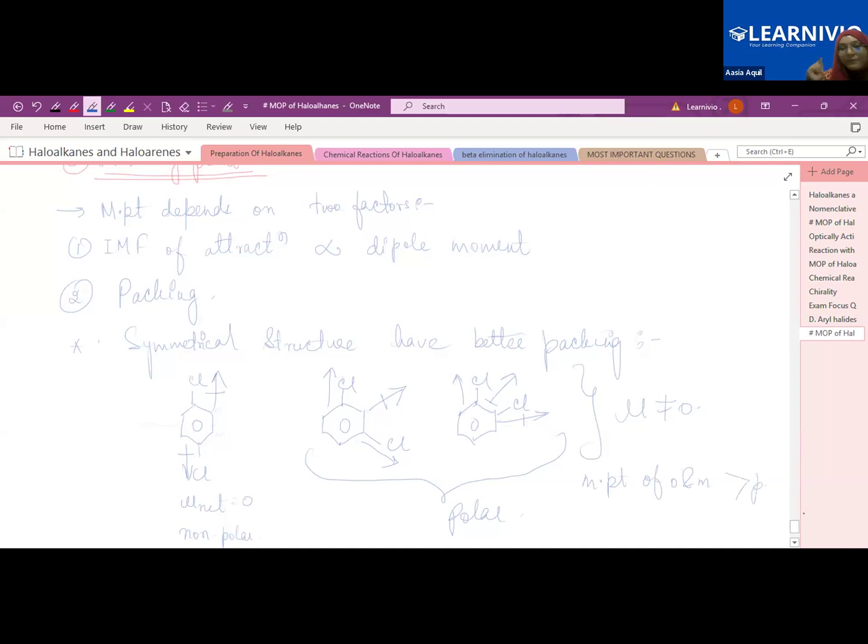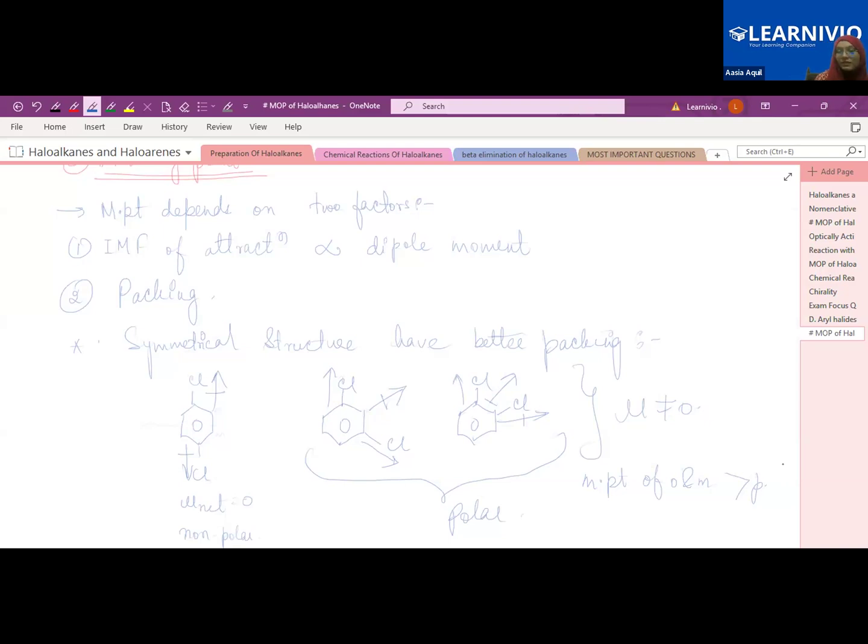Clear? Sometimes questions will come like this: why in ortho or meta dichlorobenzene is the melting point quite high as compared to the melting point of para dichlorobenzene?